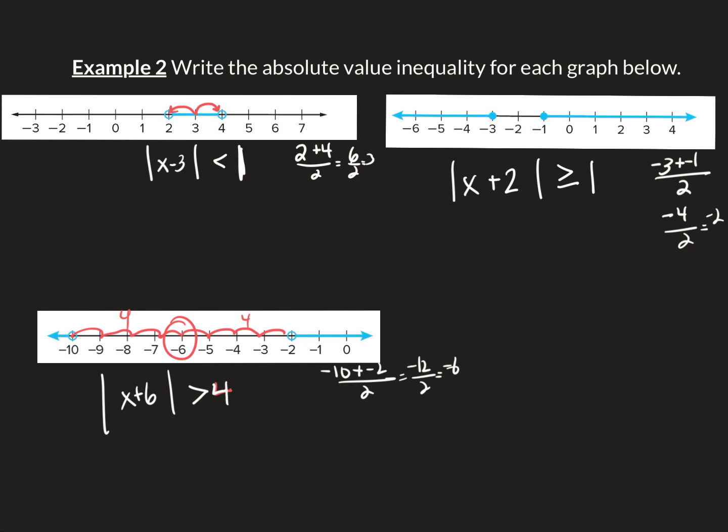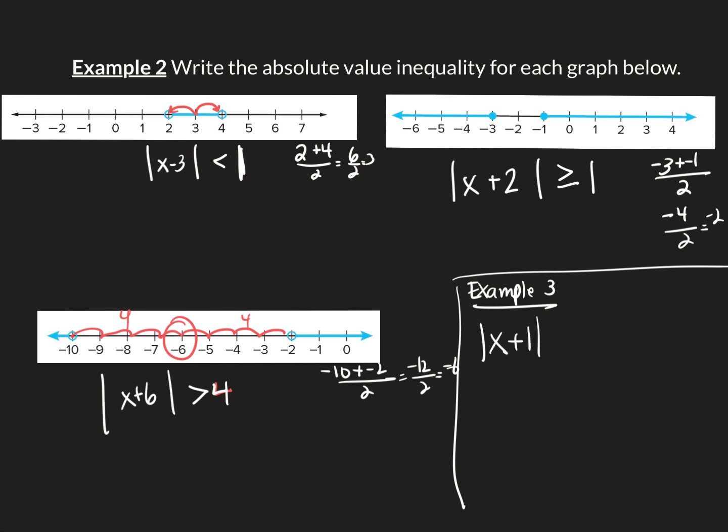All right, and I want to add one more example. We'll call it example 3. We've got the absolute value of x plus 1 is greater than negative 4, and the absolute value of x plus 1 is less than negative 4. Only one of those, the answer is no solution.